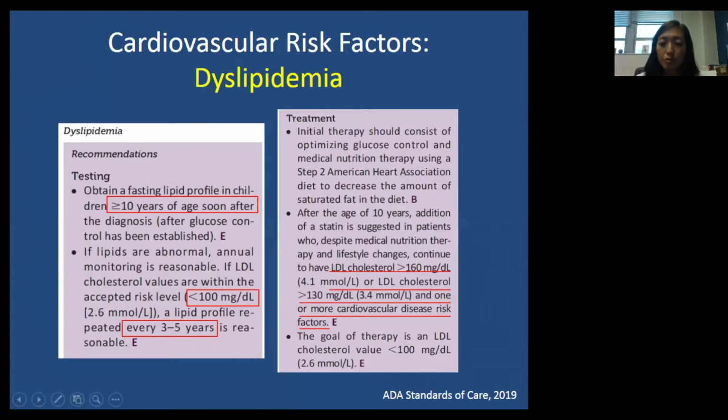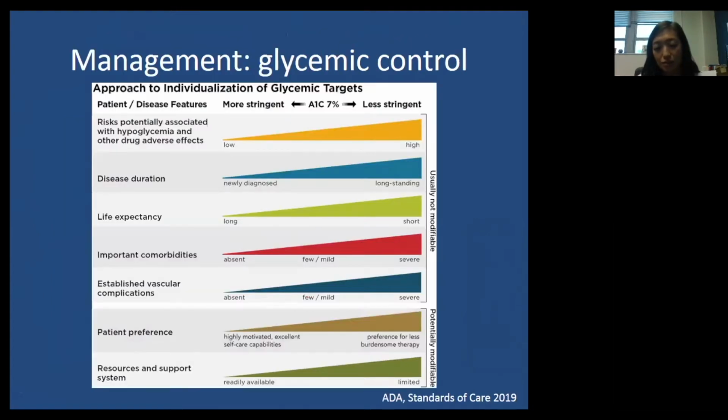And the goal of therapy is to keep it less than 100. And this may differ a little bit from the newer AHA guidelines, but some of that, in terms of clinical management, will be the art of medicine and clinical decision making, depending on the provider and the patient sitting in front of them.